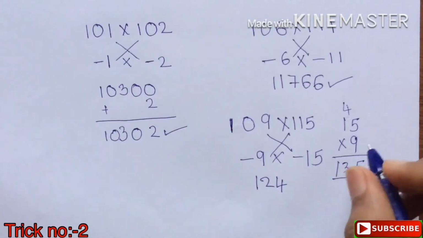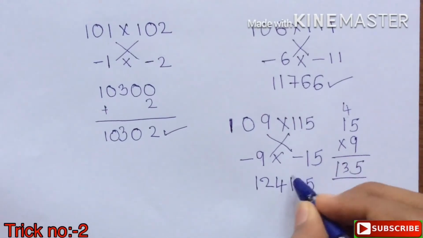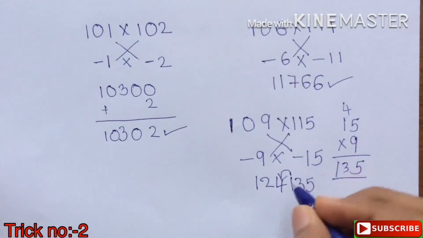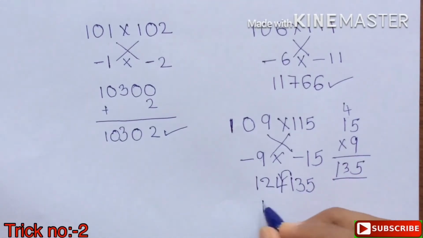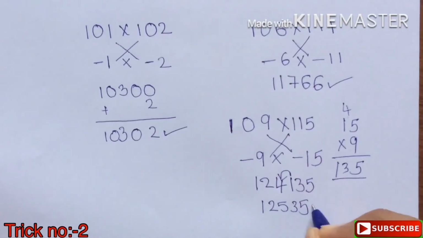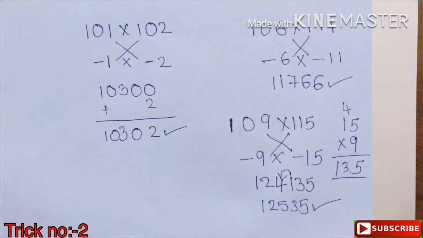Yes, 135. And here we got 3 digit numbers. So this first number will be carried to this next number. Then 1 plus 4 is 5. Then 12535 is our correct answer for 109 multiplied by 115.